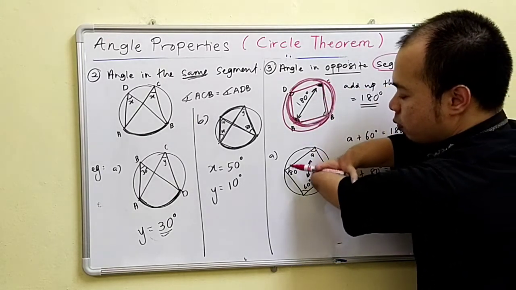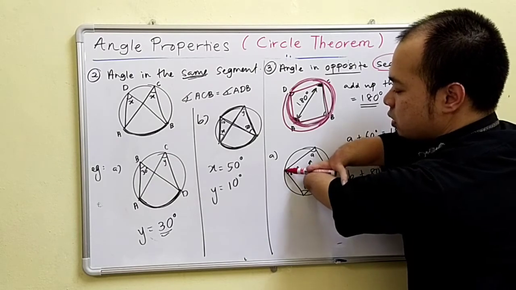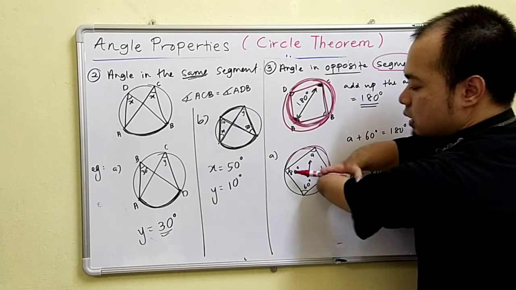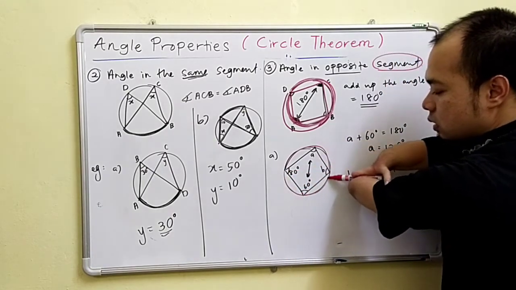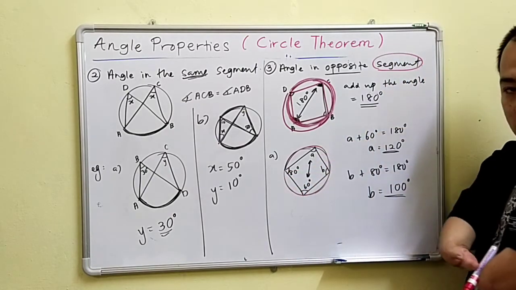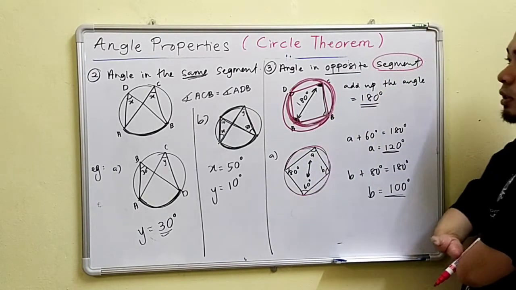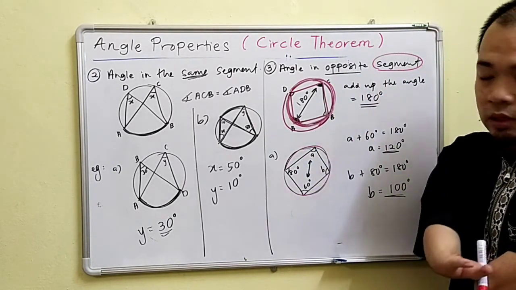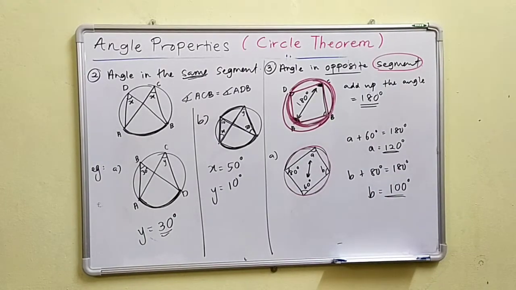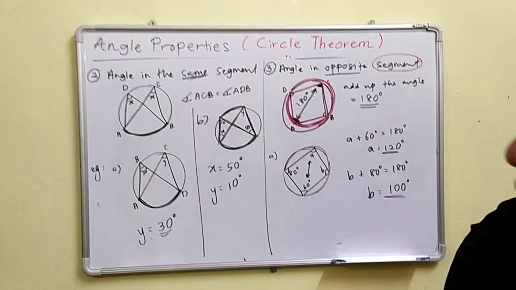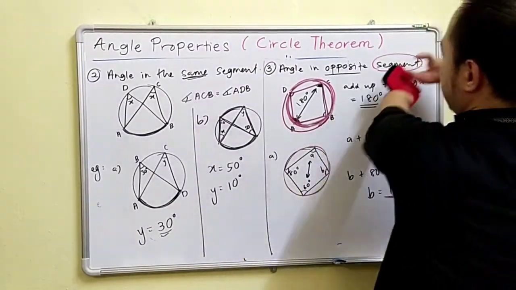Based on this, where is the segment? This segment is for the 60 degree. This segment is for angle A. So this is what it means by opposite segment. This is properties number 3. Okay, let's have a look at properties number 4. There are 5 important properties that you need to know.